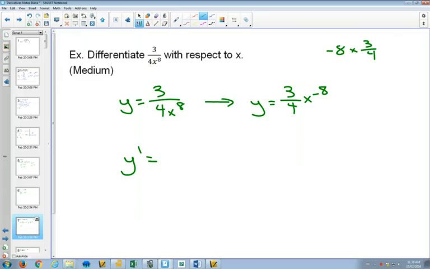Well, how do we multiply fractions? Negative 8 is really negative 8 over 1. So can you see that you're going to get negative 24 over 4, which is going to simplify to negative 6? Or maybe you simplified the 8 over 4 first and got 2, and 2 times 3 was 6. Yes.